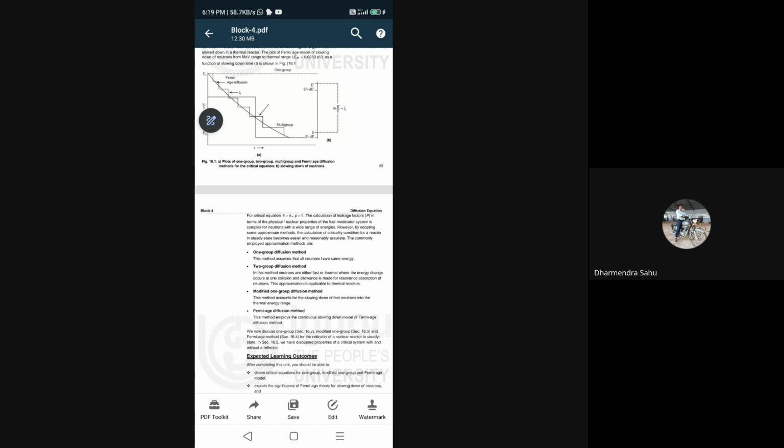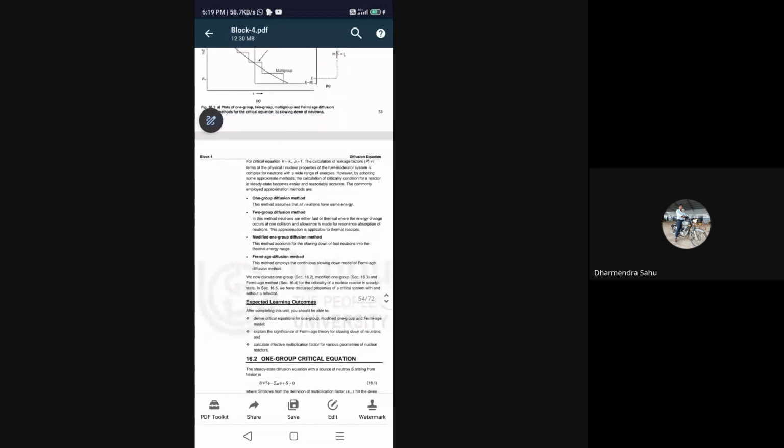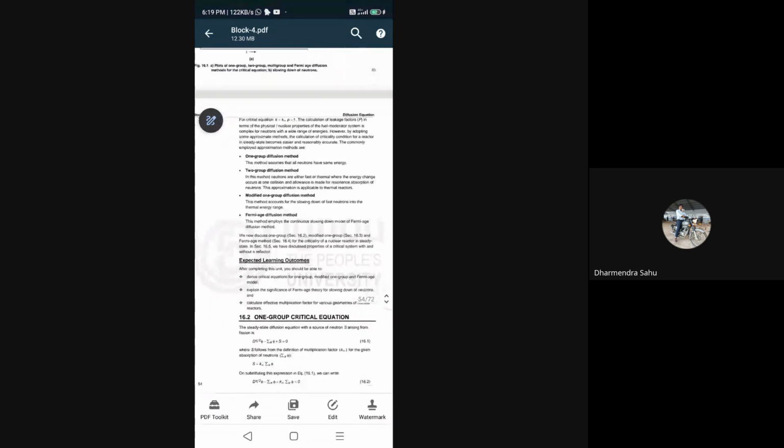So now you can derive the one group critical equation from the steady state diffusion equation.